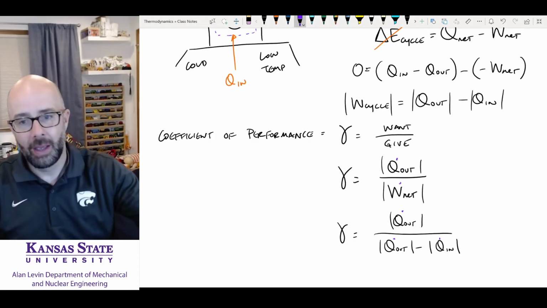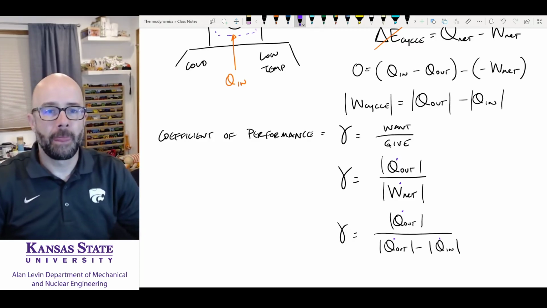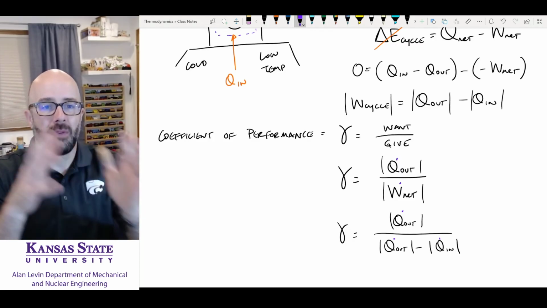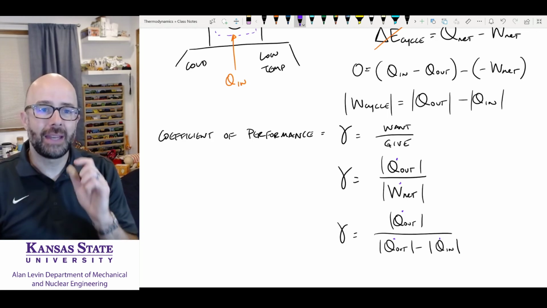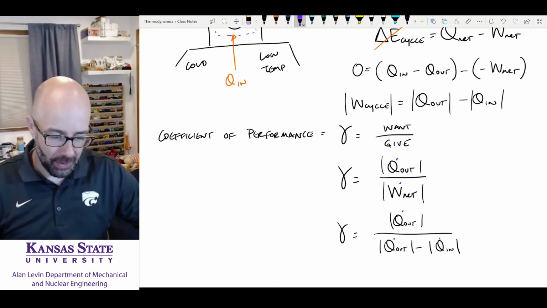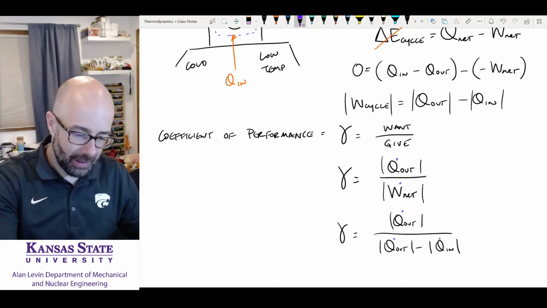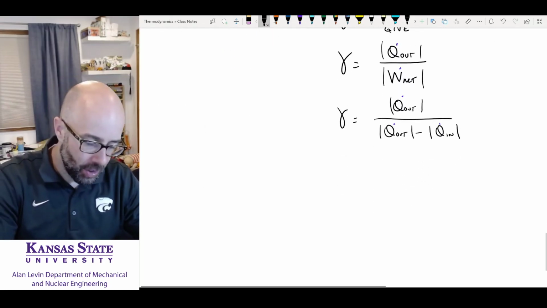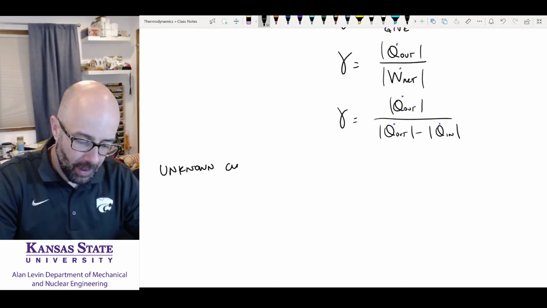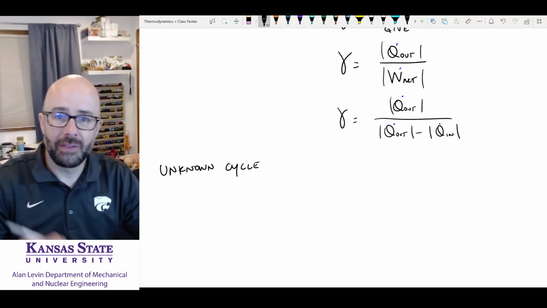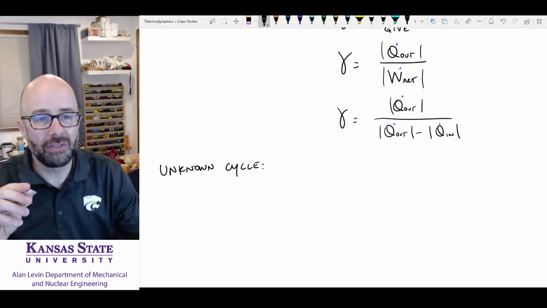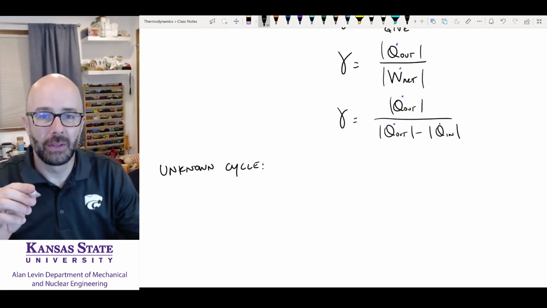Now, heat pumps and refrigeration cycles are the same, and if you had an unknown cycle, let me write this up here as a note. If you have an unknown cycle, we said that if the net work is positive, it's got to be a power cycle.